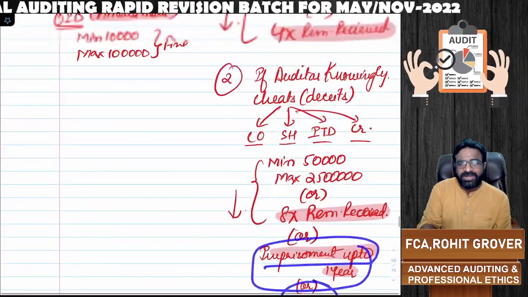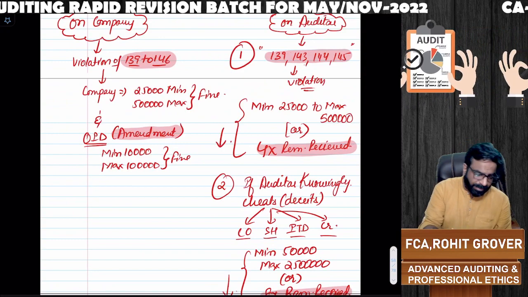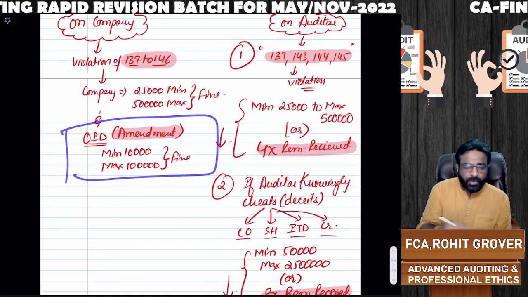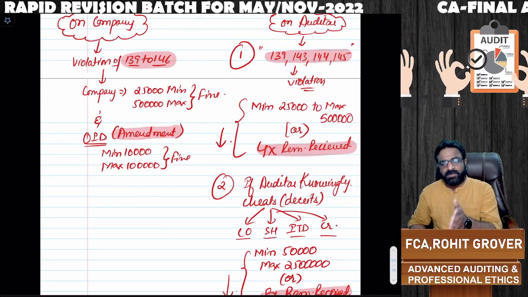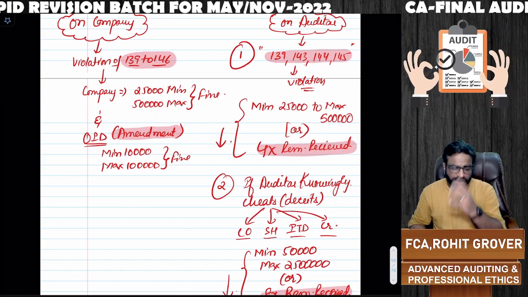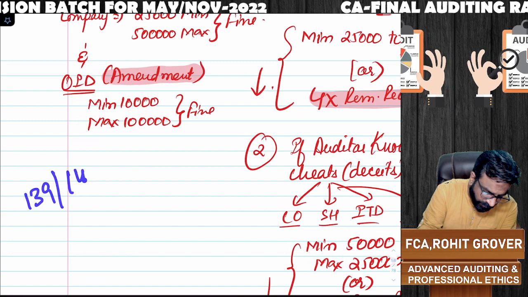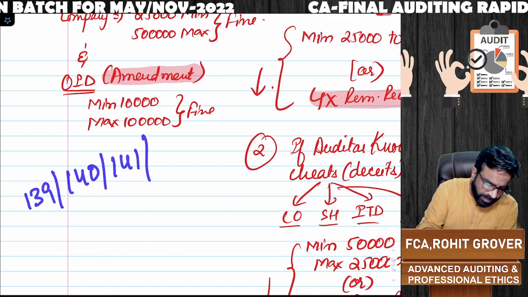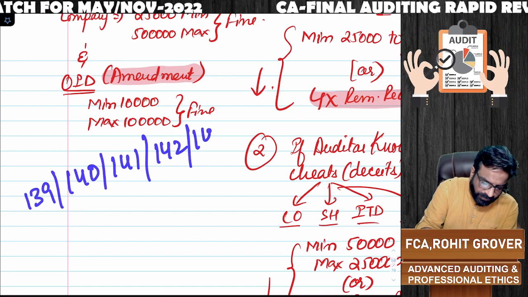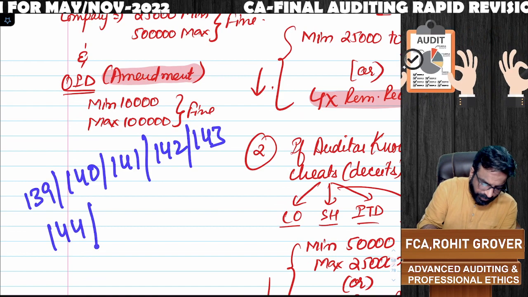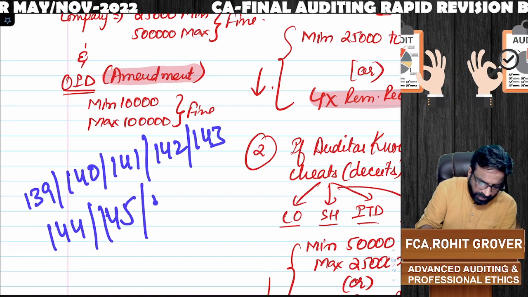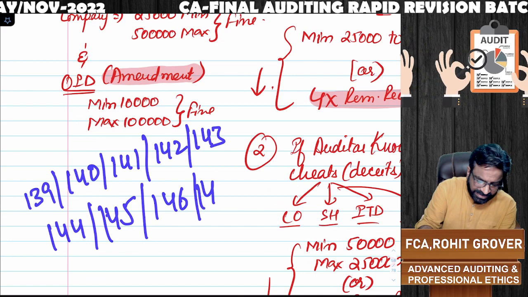So in section 147, the amendment came in the OID part. In the OID part, the imprisonment up to 1 year point has been removed. So with that, our sections 139, 140, 141, 142, 143, 144, 145, 146, 147 are over.